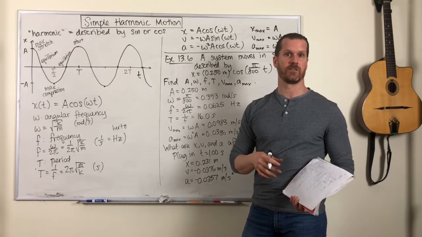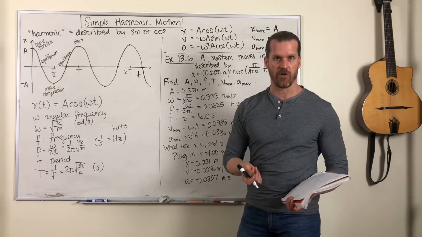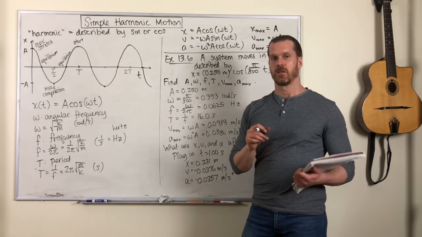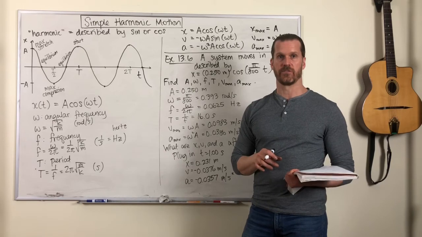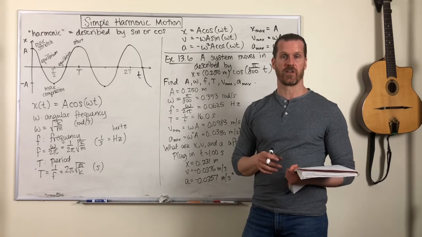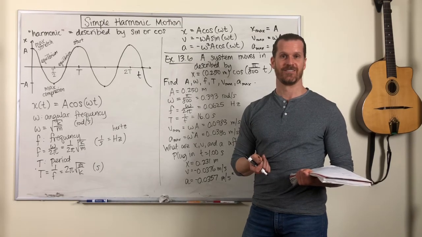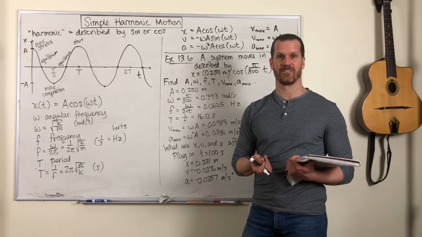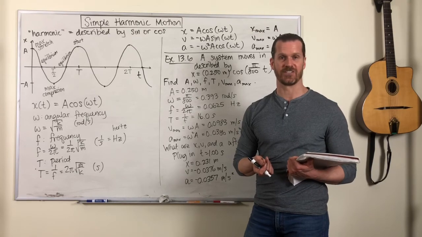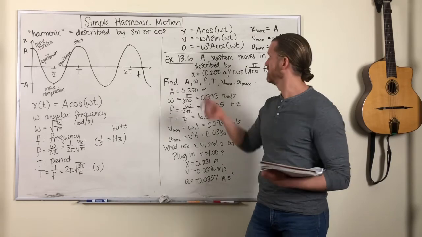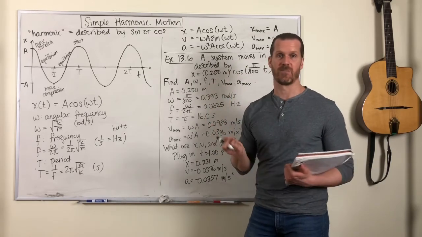Strings on a piano, on a guitar, do this kind of motion. Molecules do this kind of motion when they are vibrating. Those vibrations lead to emissions of light, electromagnetic radiation, that is described by this kind of motion, described by the same math.